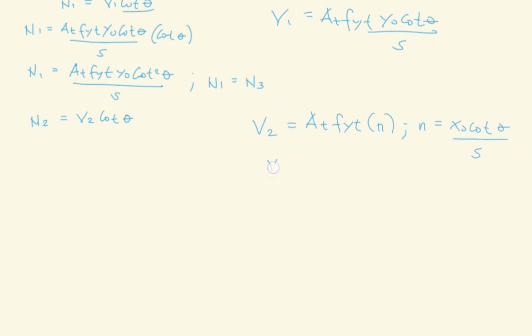So V2 is At fyt multiplied by x sub o cotangent theta divided by s, and substituting it here, we have N2 equal to At fyt x sub o cotangent squared theta divided by s.